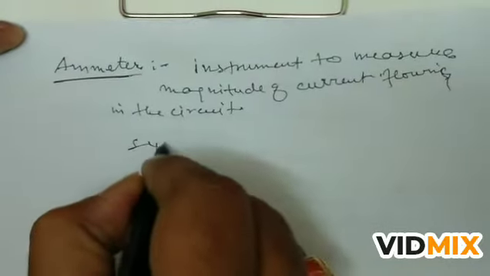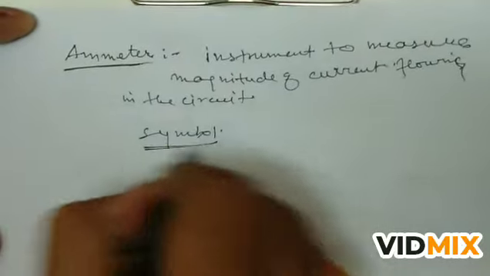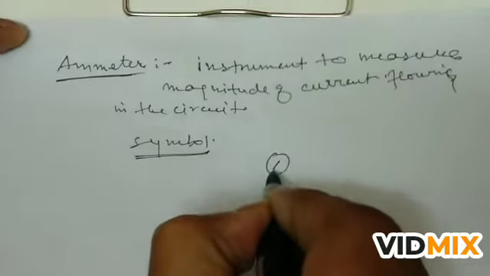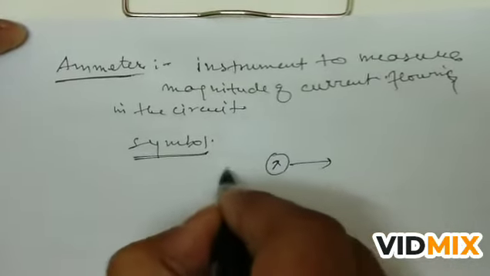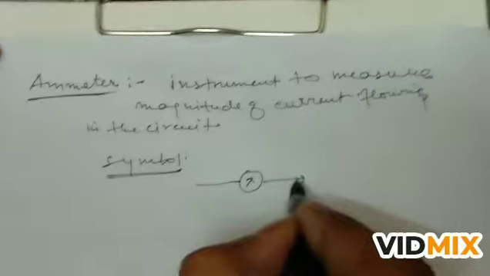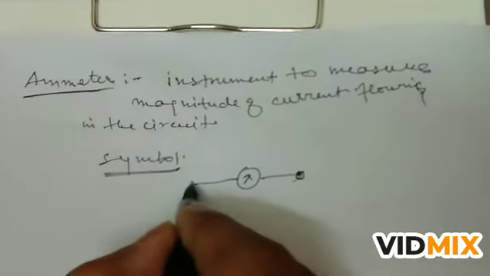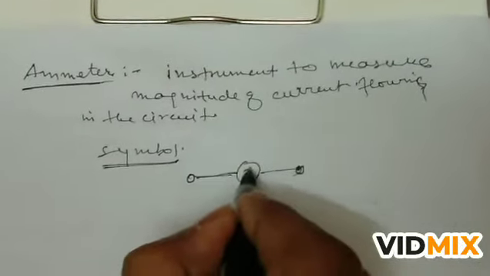The symbol for ammeter is like this. The symbol for ammeter is like this.